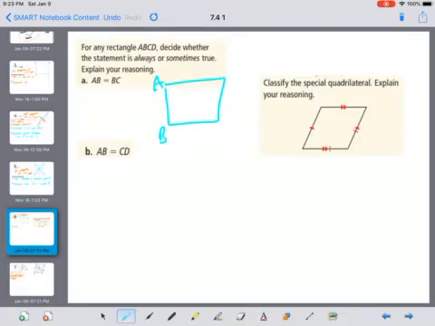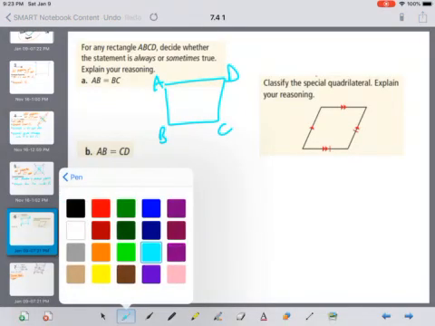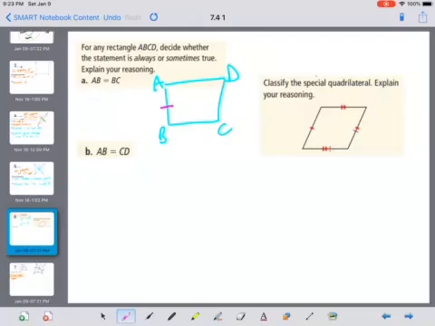Label the rectangle A, B, C, and D. If for this first one I say that AB is congruent to BC, that would be sometimes true, because that would only be true if the rectangle was actually a square. And then when would AB be congruent to CD? That would be always true, because those would be opposite sides, and they are always congruent in a rectangle.